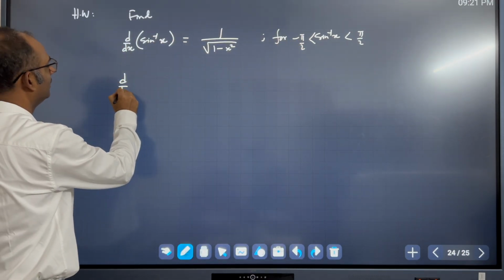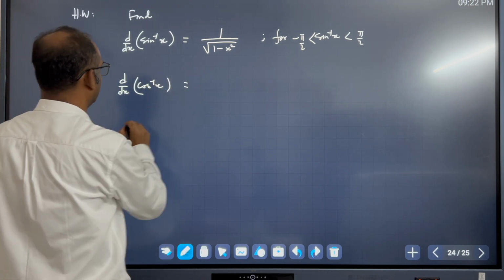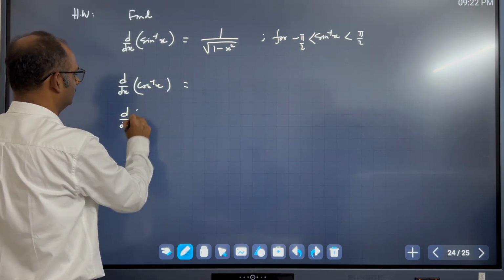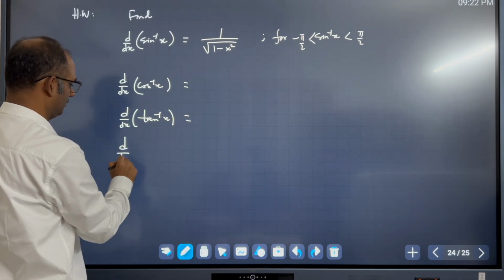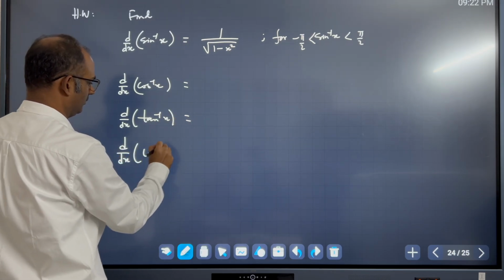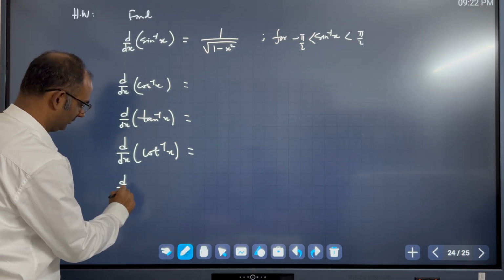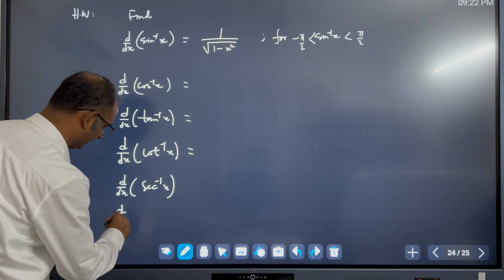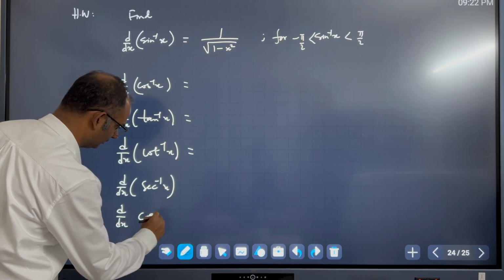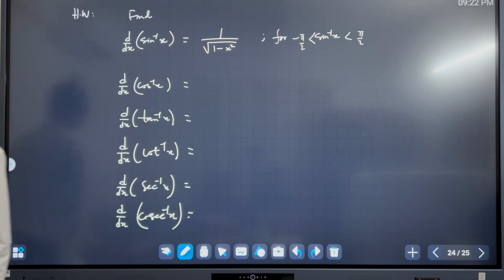Then secant inverse and cosecant. Okay, next time when we meet, I will ask you whether you have done this.